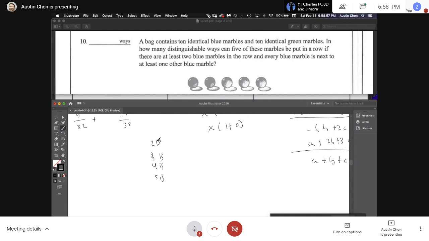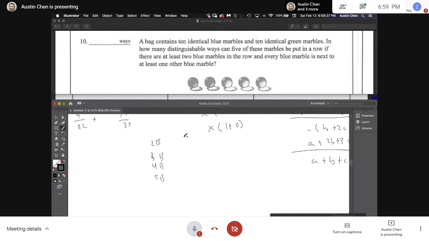If we have 2 blue marbles, then we just think of where these 2 blue marbles can be in the row. Now they have to be together, right? So there's only going to be 4 places that we can have the 2 blue marbles. We can have both at the start and the rest green, or 1 green and then the 2 blue marbles, or 2 greens and then the 2 blue marbles, or 3 greens then the 2 blue marbles.